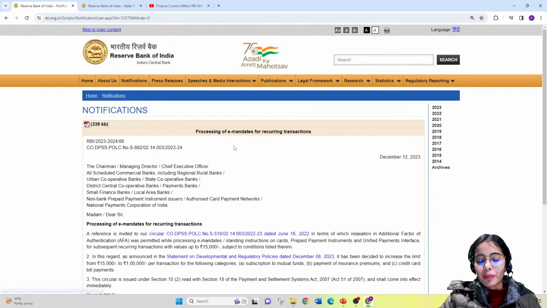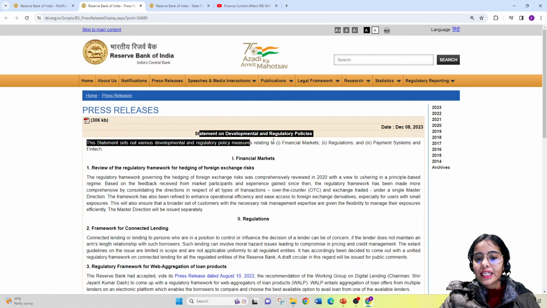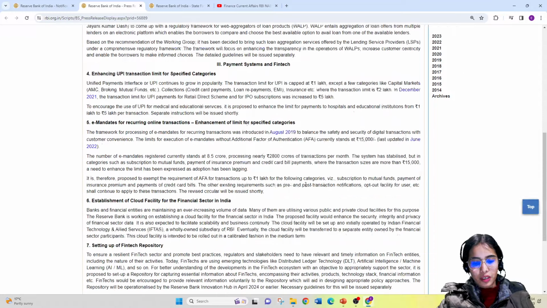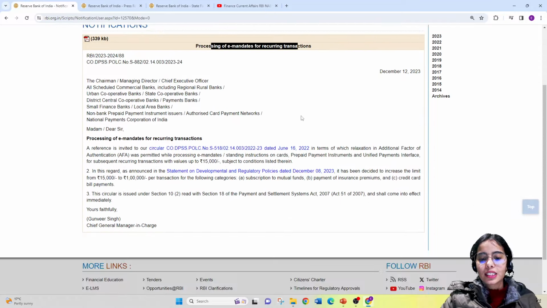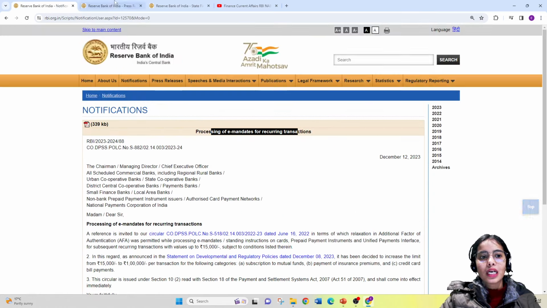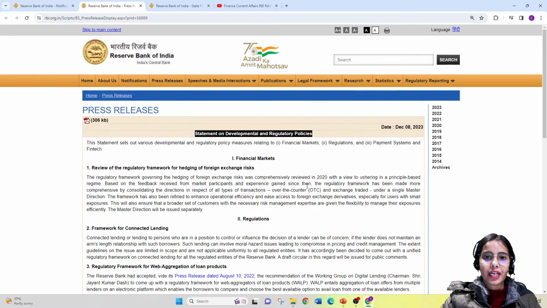Then processing of e-mandate. As I've told you, the statement on developmental and regulatory policies provides the proposals of the Reserve Bank of India. Then on the e-mandate, there is a separate notification that has been released, but it has the information that was provided in the statement on developmental and regulatory policies.